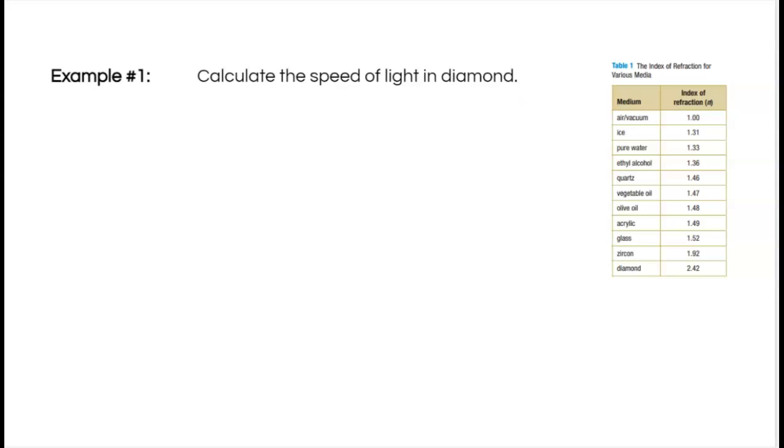Okay, so let's pull out some givens from this question. First of all, I'm asking for the speed of light in a diamond. Let's remind ourselves of the equation: n is equal to c over v.